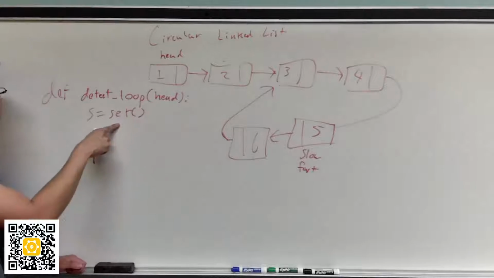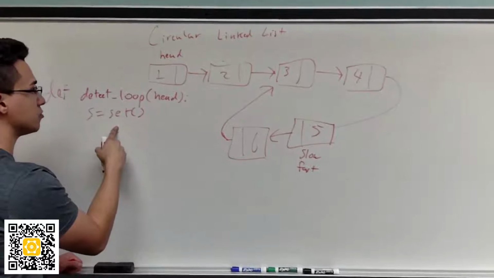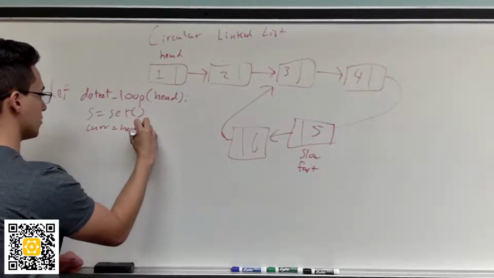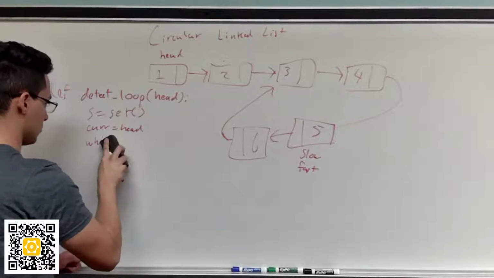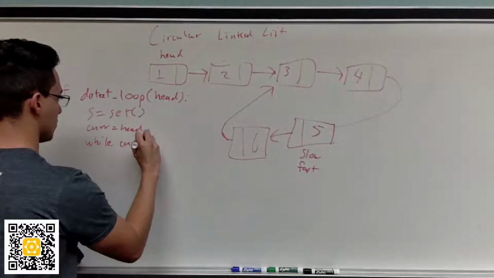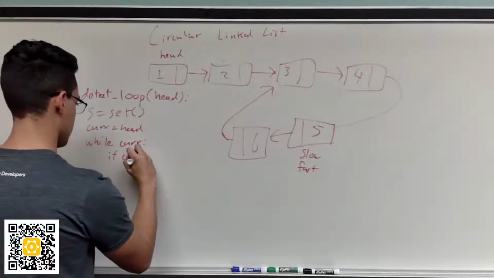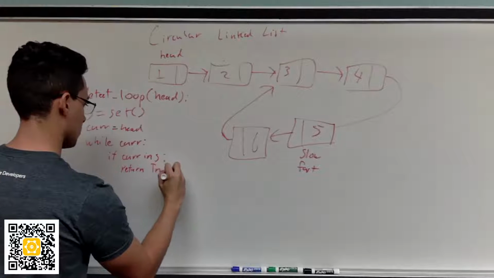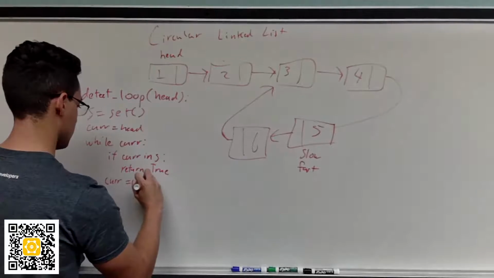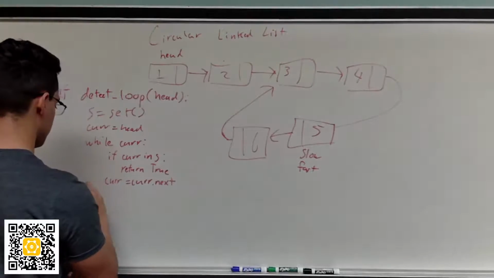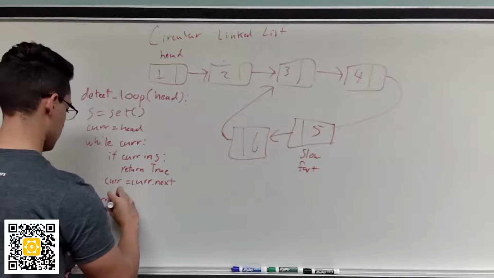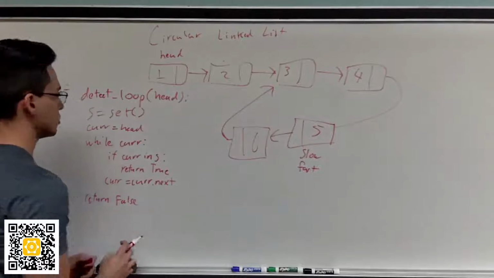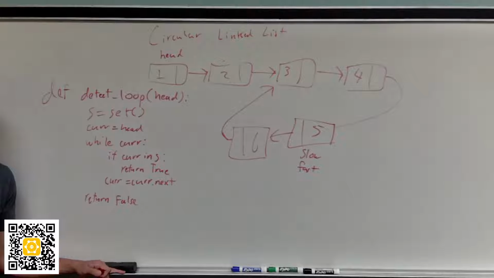We could have a hash set. This is a hash set in Python, right? We could have cur equal to head, while... So this is another way of doing it, which takes O of n extra memory, but it is faster in terms of runtime, because you don't have to revisit some nodes you've already seen while looping.